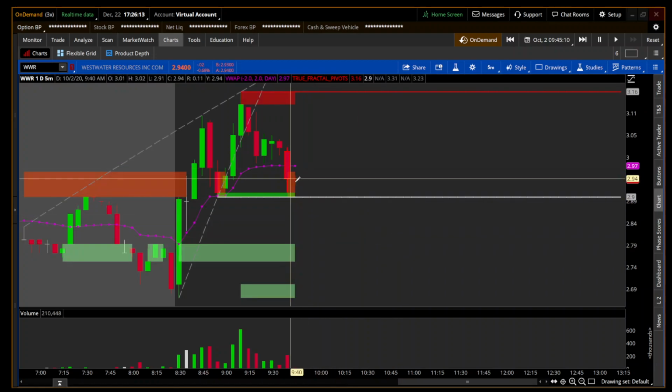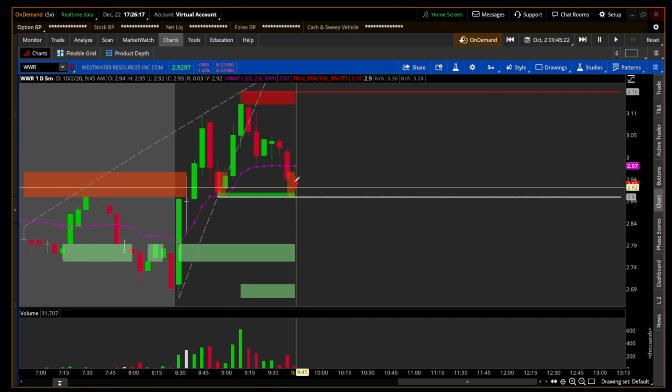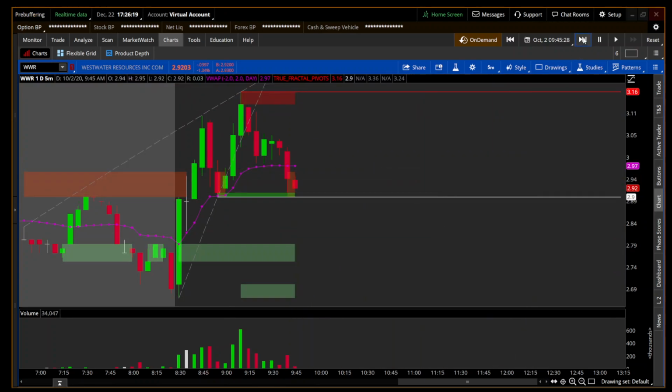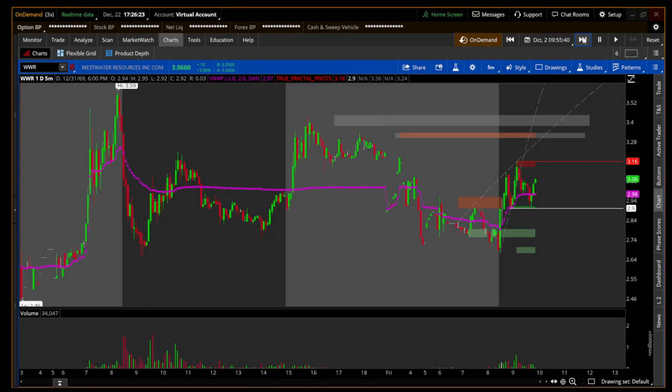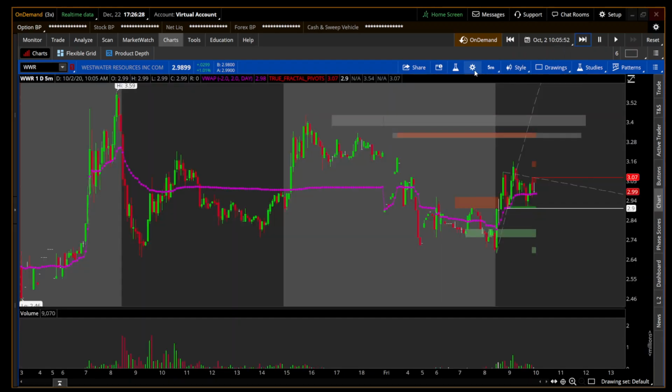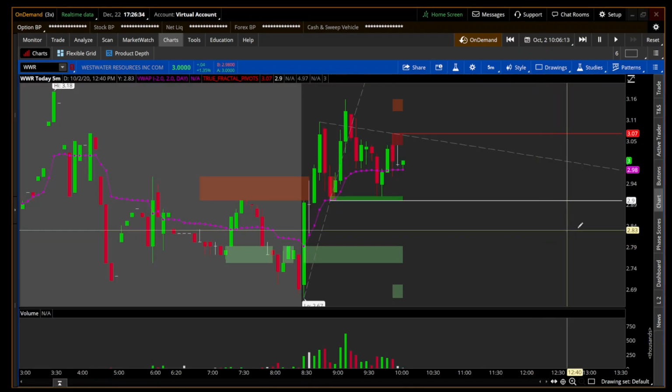And it's highlighting again that area of resistance, a possible resistance, and once it breaks back out. So let's keep pushing it forward. And as you can see, that candle popped off of that one. And let me do this today only, so we're not seeing anything from the previous day.